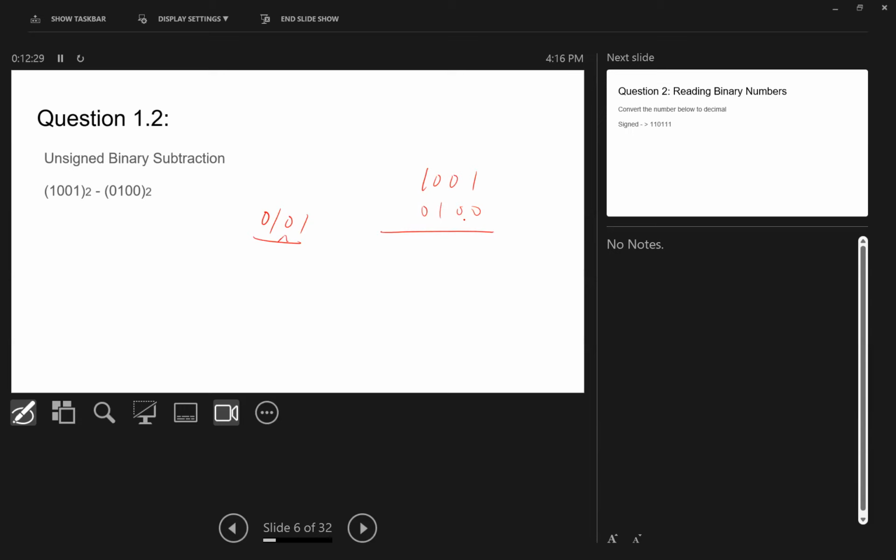Just list these two operands in a horizontal line, and then we do subtractions from their MSB, the most significant bit, right? I'm sorry, it's from the right. So 1 minus 0 should be 1, right? And 0 minus 0 should be 0, right?